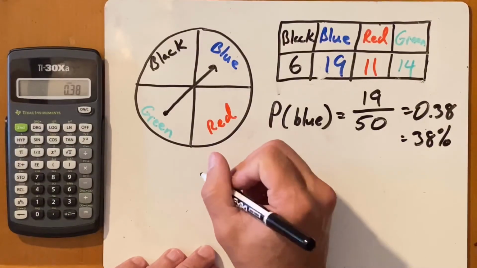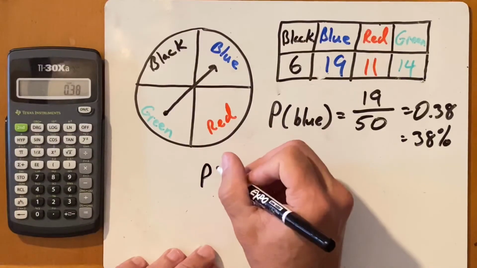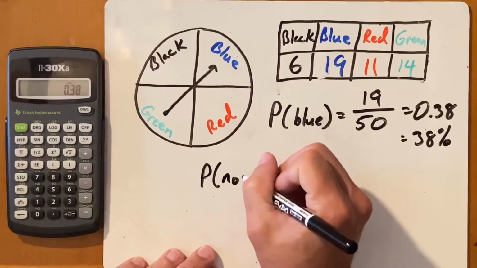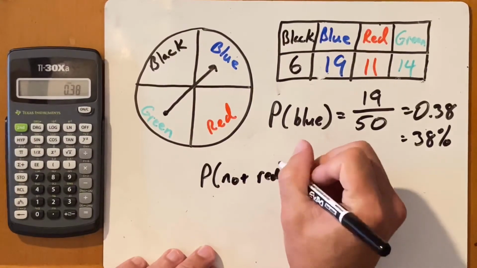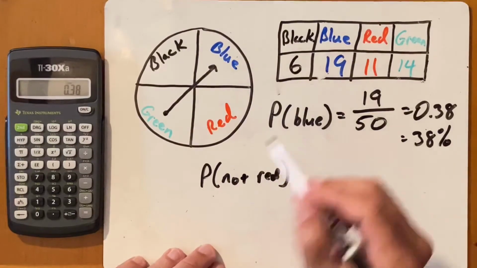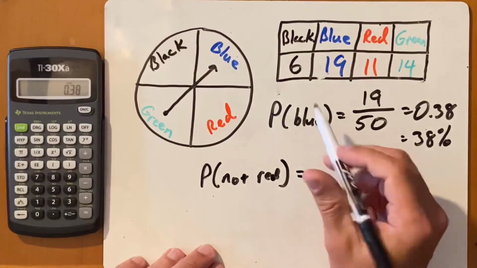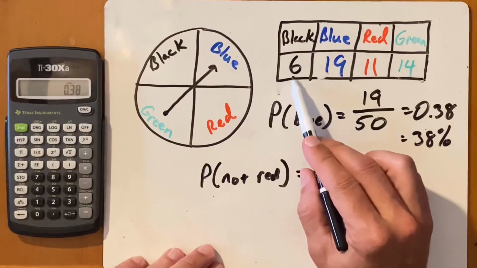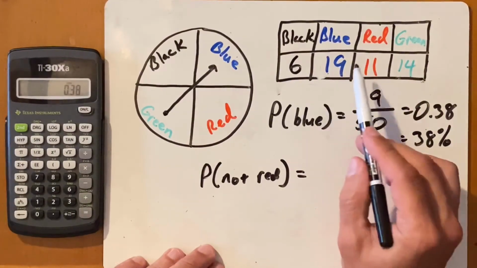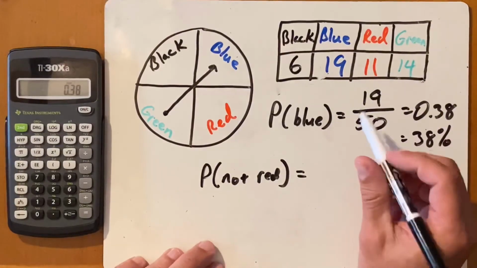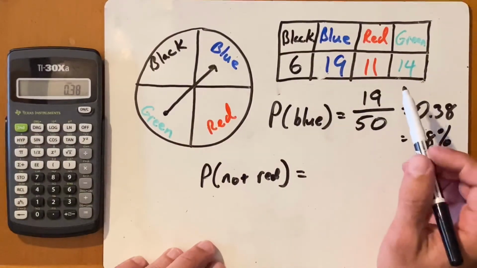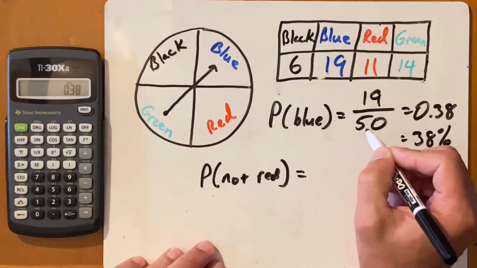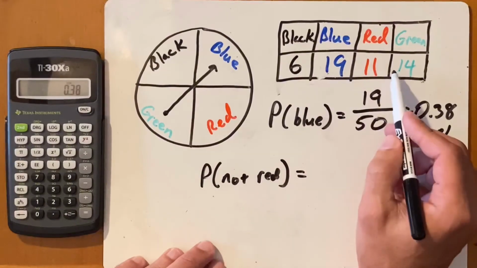So let's say we want to know the probability that if I spin it, a color comes up that is not red. The frequency of it coming up not red is the other three added together. So the 6, the 19, and the 14, the black, blue, and green, those are all not red. So how many times did a color come up that's not red? Well, red came up 11 times, so I can subtract that from the total trials, or I can just add these three together.